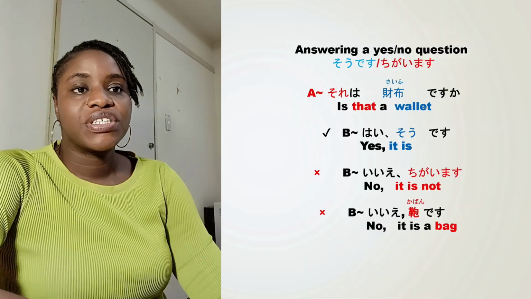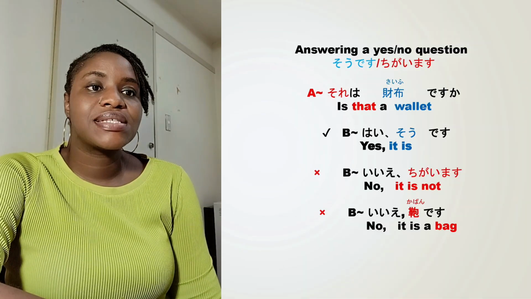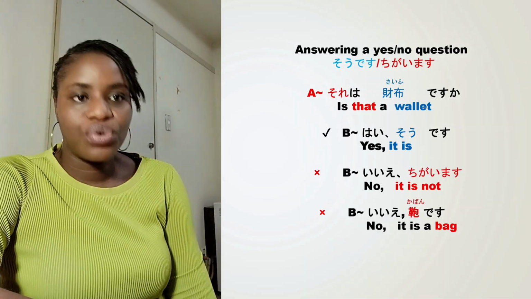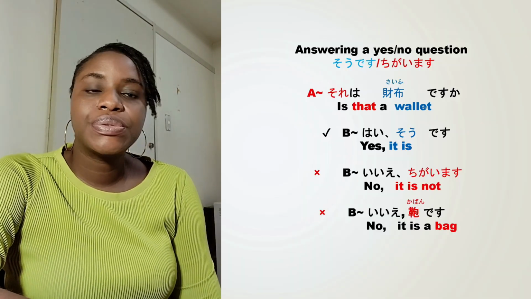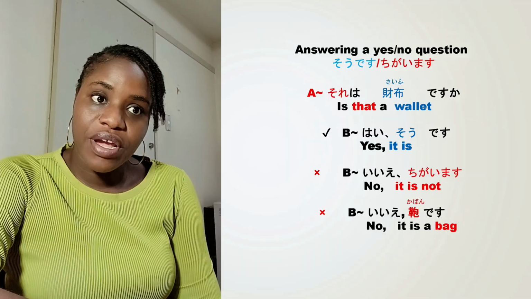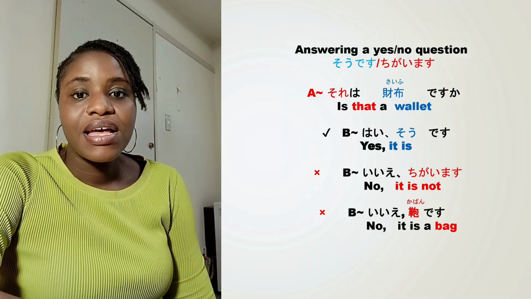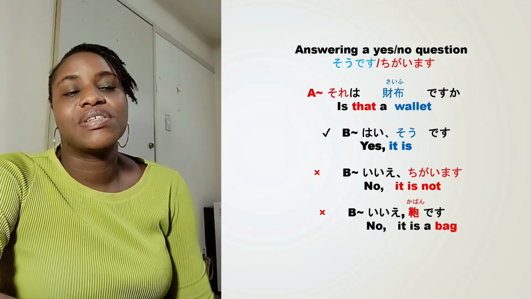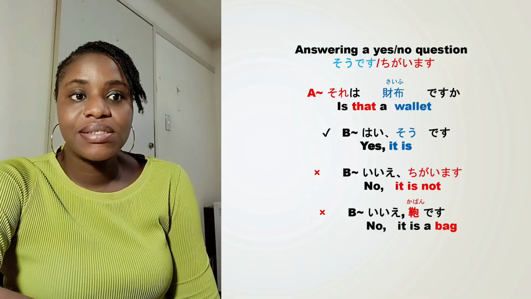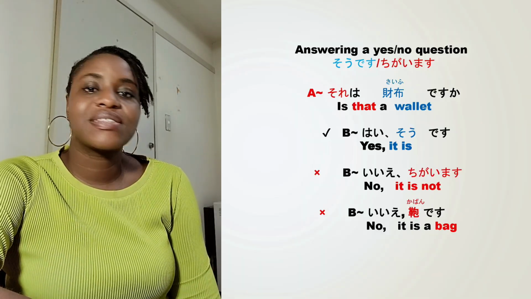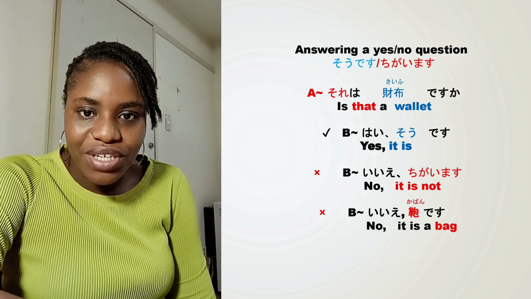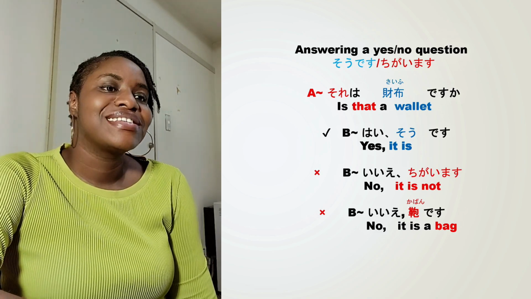The next grammar point that we're going to look at is how to answer a yes or no question. 例えば、それは財布ですか? It's not close to me, so I'm asking the person, is that a wallet? If the answer is yes, the person can simply answer, はい、そうです.